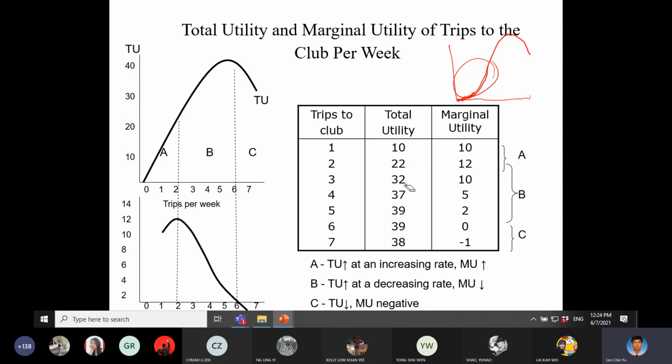You notice that you already have enough water. If you still want to drink another glass, your total utility will be decreasing, meaning that your marginal utility becomes negative, because you already feel you have had enough, but you still want to drink.